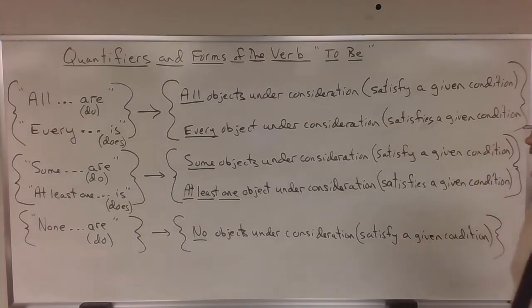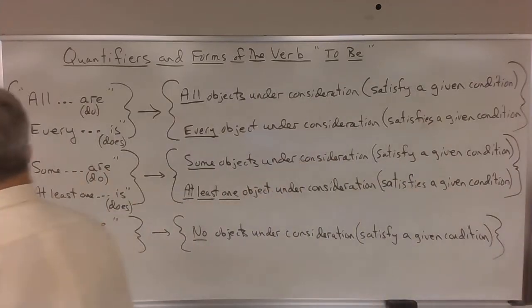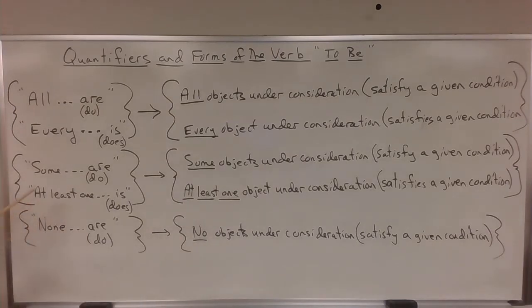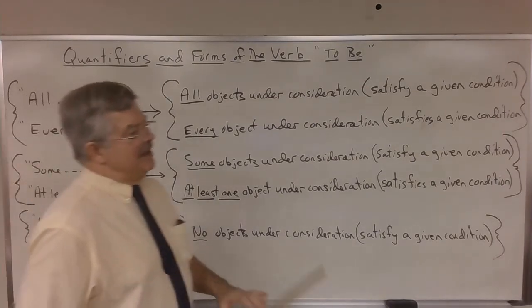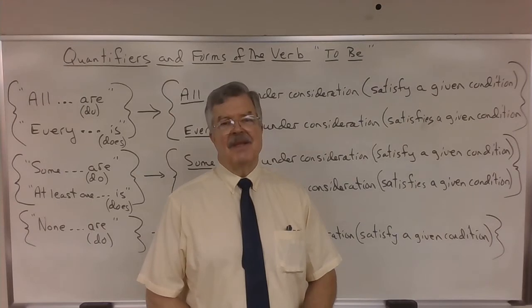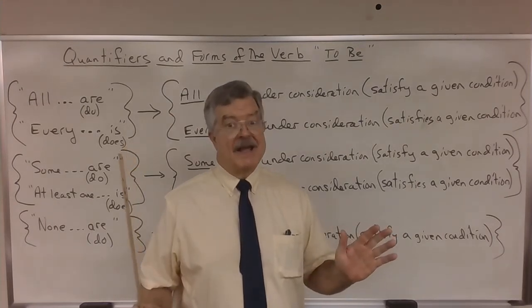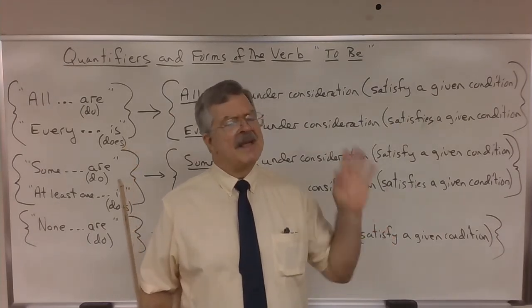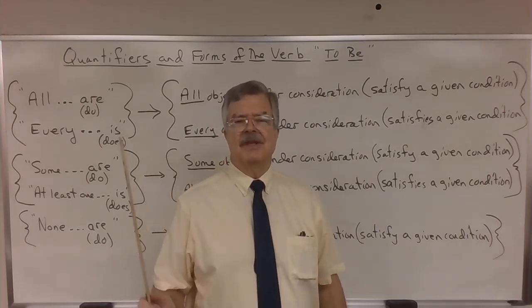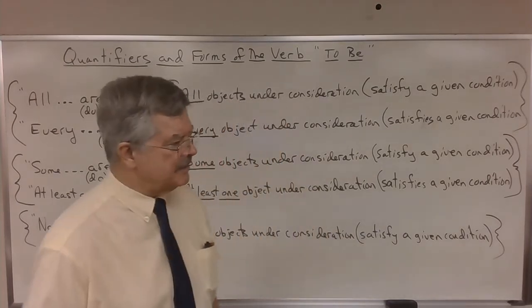Okay. Now the quantifier "some are," or "some do." It means that some objects under consideration satisfy a given condition. It used to be the case that all astronauts were pilots, but that hasn't been true since the early space shuttle days.